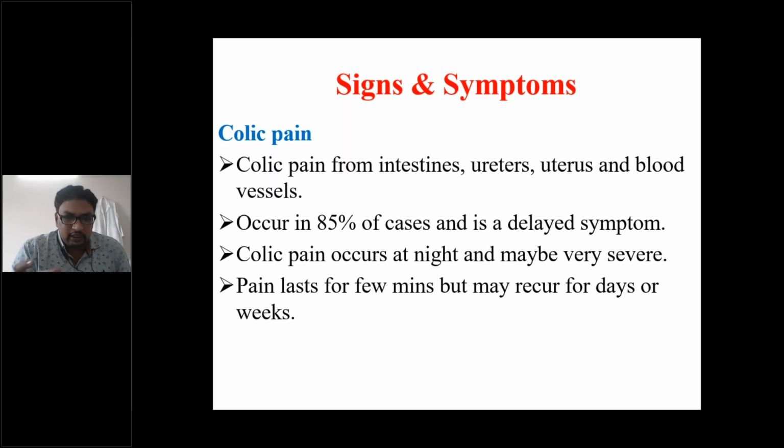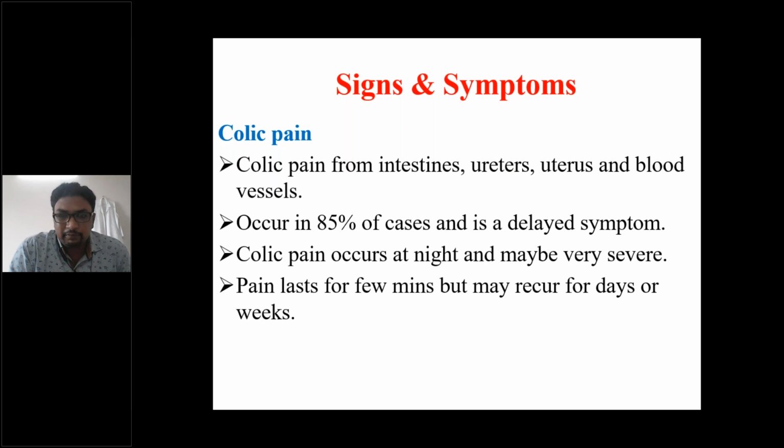It can be seen in the abdomen, in the intestine, the ureters, the kidney, the uterus, and also the blood vessels. So colic pain can be seen mostly in any volume-containing tubes: intestines, uterus, and blood vessels. It occurs in 85% of the cases, and it is a delayed symptom.